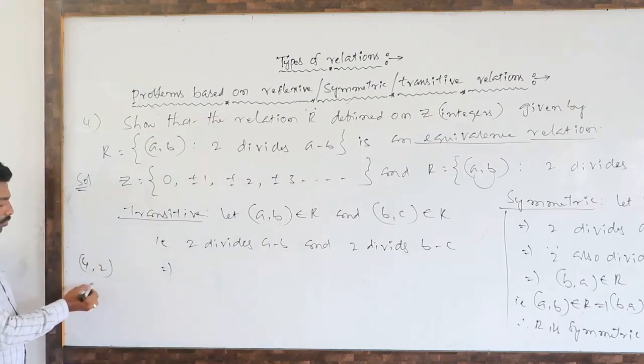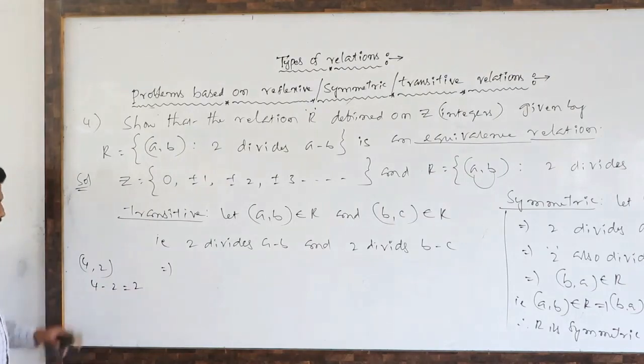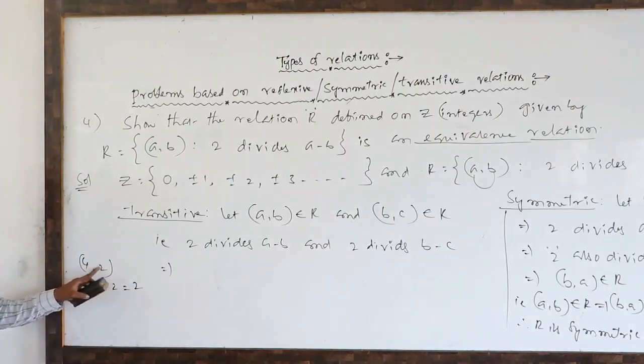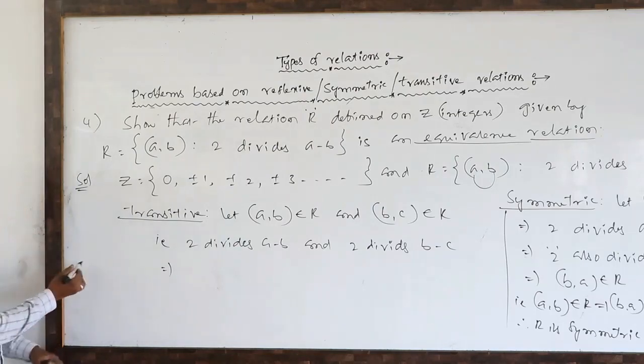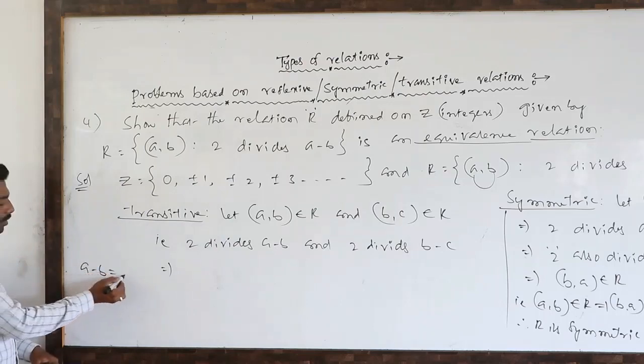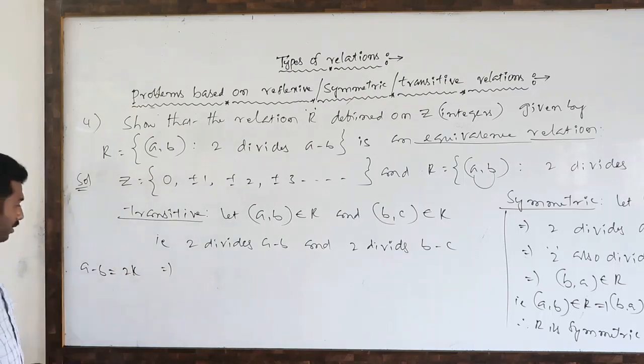Suppose (4, 2): 4 minus 2 is always divisible by 2, means 2 divides A minus B. So A minus B can be written as 2k.